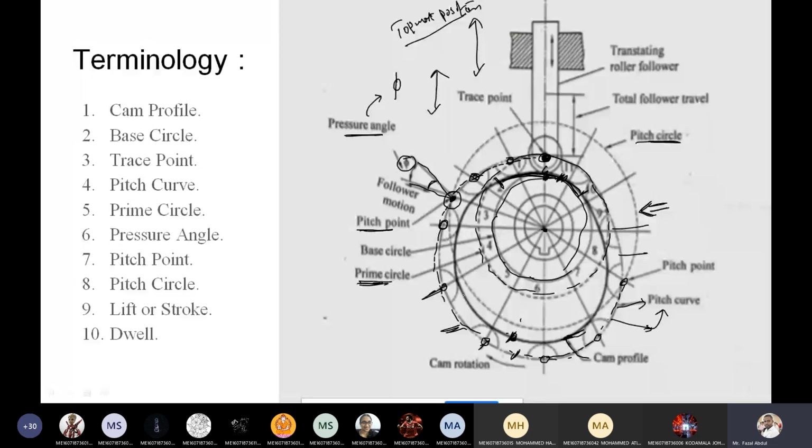In the same manner, here also, the cam has an even, regular surface, so the follower does not carry any reciprocating motion.